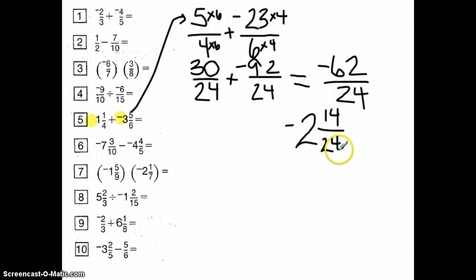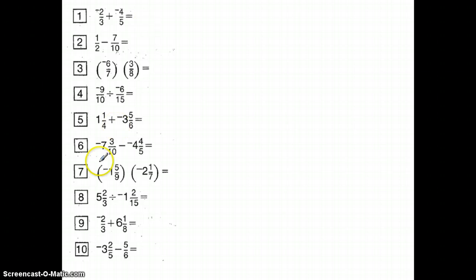Can I simplify this? You bet. So keep going, negative 7 and 12. Got it. 2, or negative 2 and 7/12. All right, number 6. Negative 7 and 3/10 minus a negative 4 and 4/5.